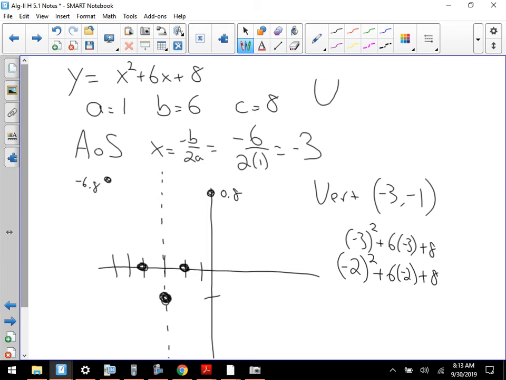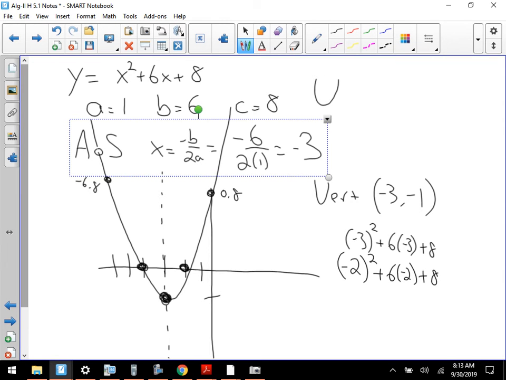And real quick, what's -6 plus 0? And what's half of that? Isn't that my axis of symmetry? Math is mathin'. I like it. And there's our parabola, if you will.